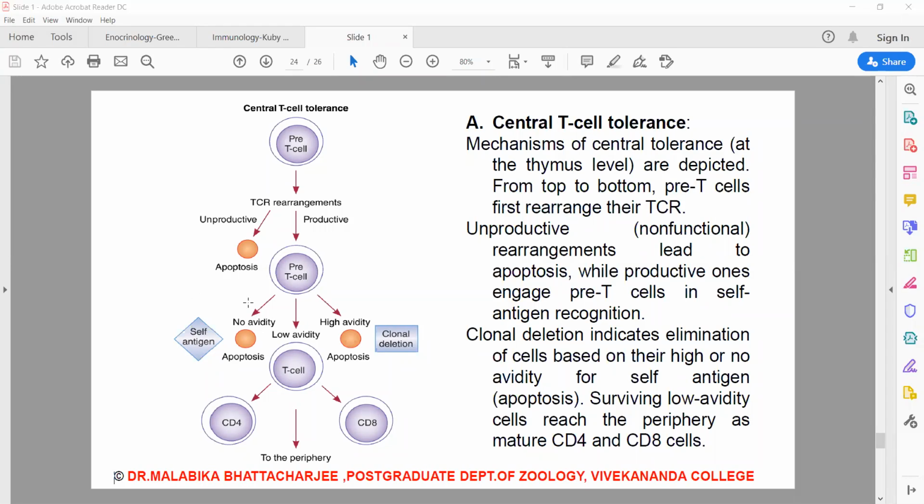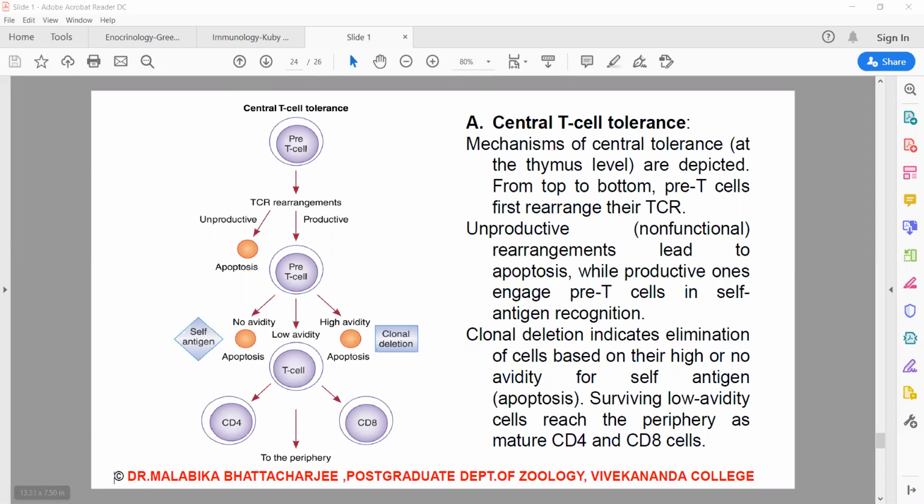If it does not recognize any self-antigens, that is no avidity, then also apoptosis. If it gets hyperactivated by self-antigens, then there is death by neglect or clonal deletion. Or if there is no recognition by any antigens also, then also clonal deletion. However, the moderately activated T cells mature and finally give us a single positive CD4 and CD8 cell.